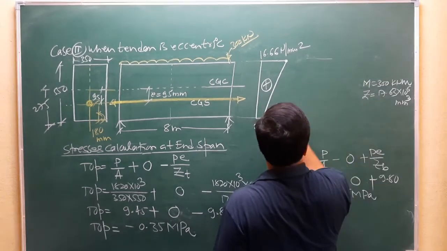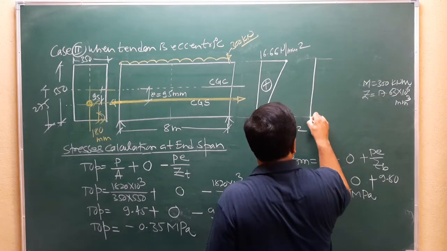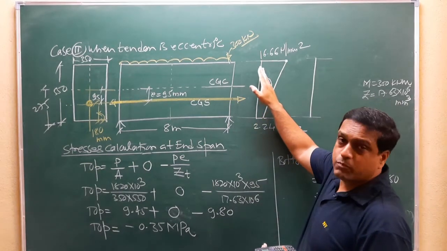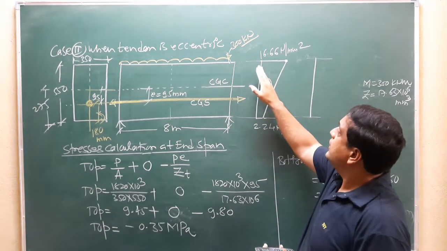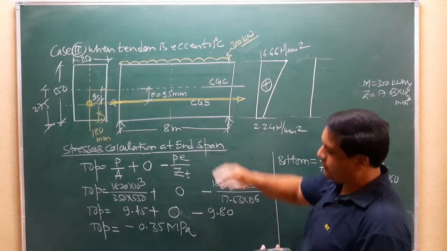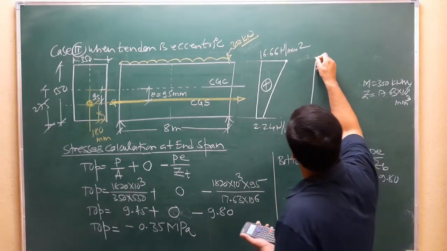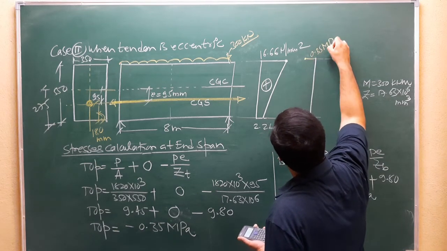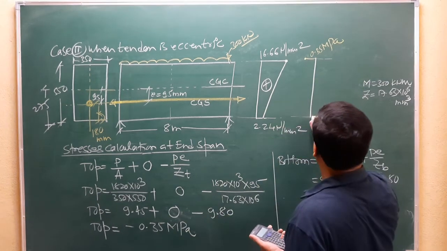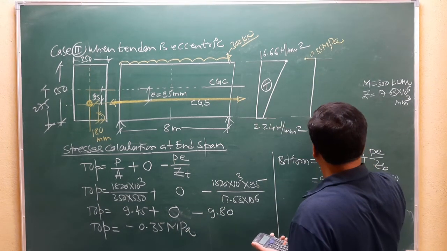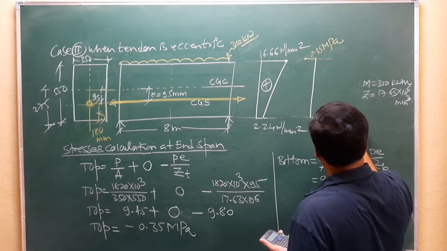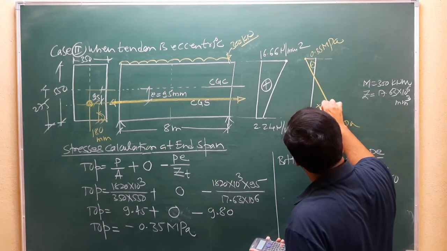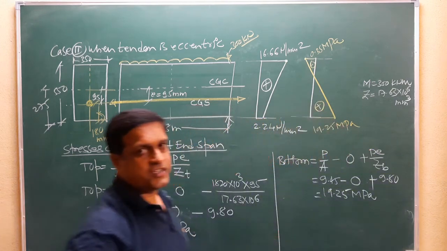So what is the stress distribution diagram? From this baseline I am going to plot the compression, plus value, at the right side of this, and minus value at the left side of this. So this value is exactly 0.35 megapascal, and this compressive stress is 19.25 megapascal. So you have to join this. So this is the minus, this is the plus.